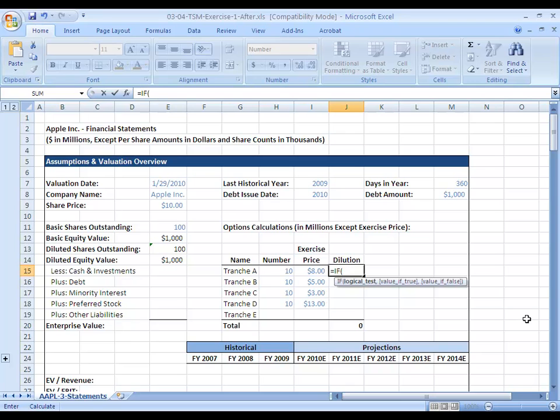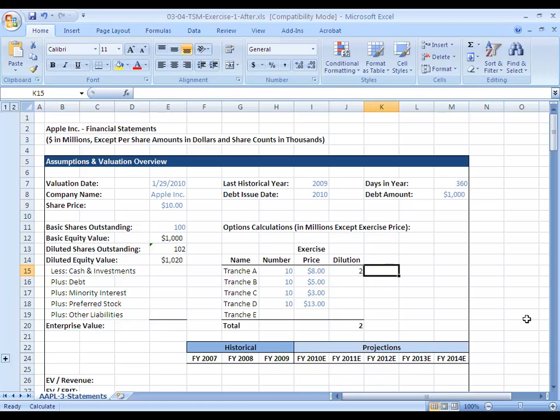So I'm going to say if this is above $10, then it's 0. Otherwise, we take our number of options and then we subtract how much cash the company is getting. How much cash the company is getting is just the 10 times the exercise price of 8. And then we're going to be using that cash to repurchase the shares on the open market, so I'm going to divide by the share price of 10 right here.